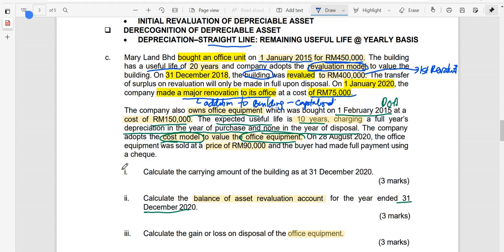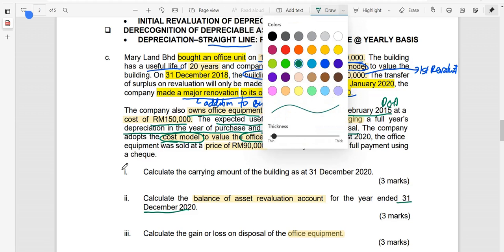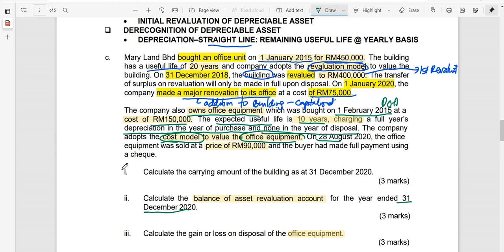Right. So on 28th of August, the office equipment, which is the equipment purchased on 1st of February, was sold at a price of 90,000. All right.